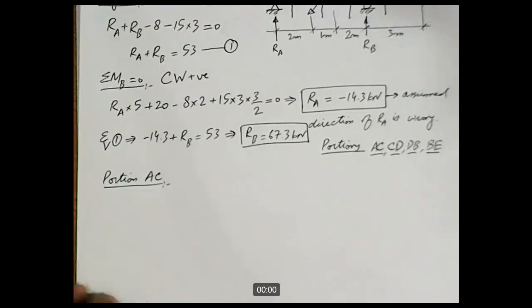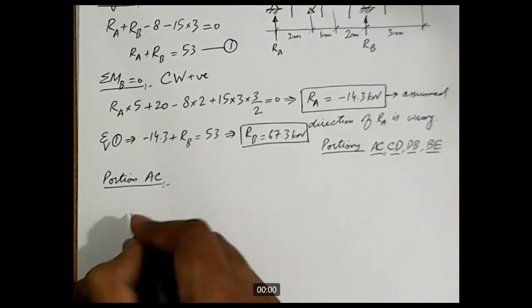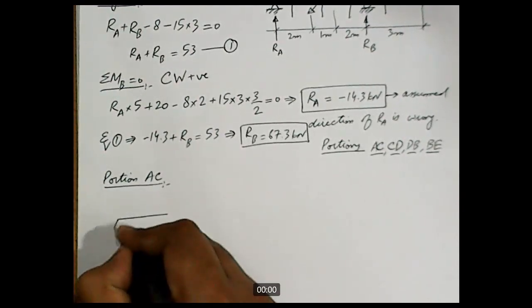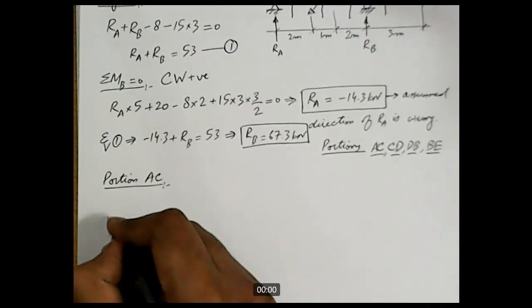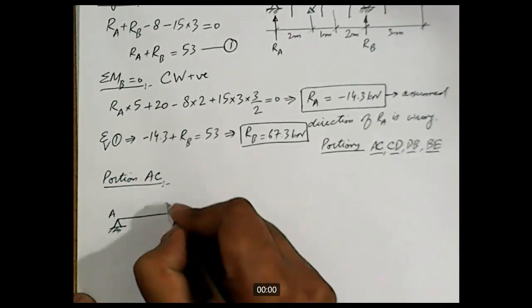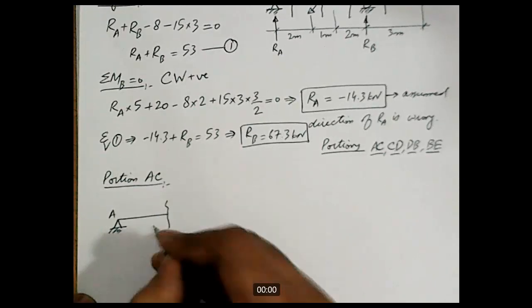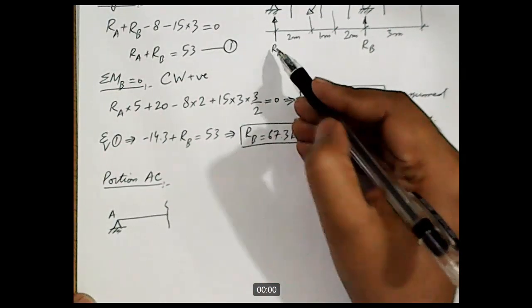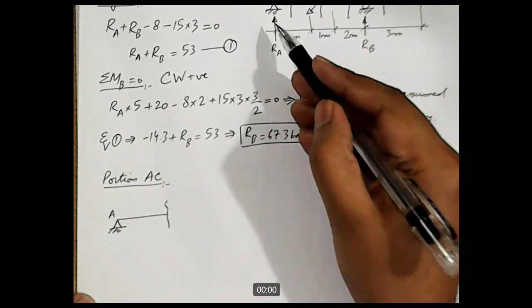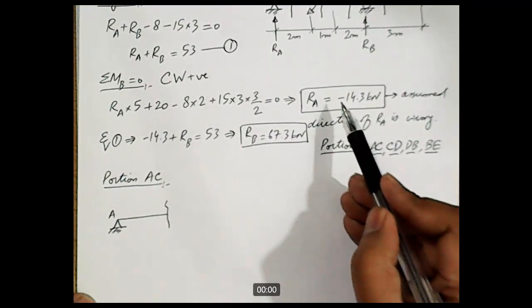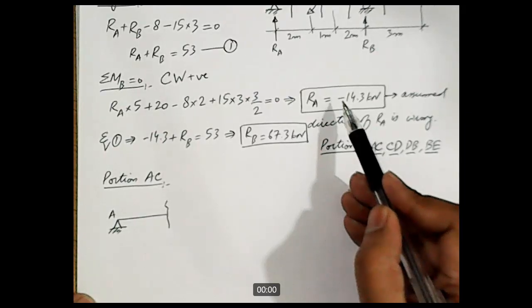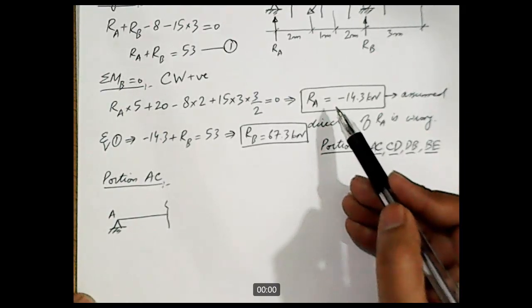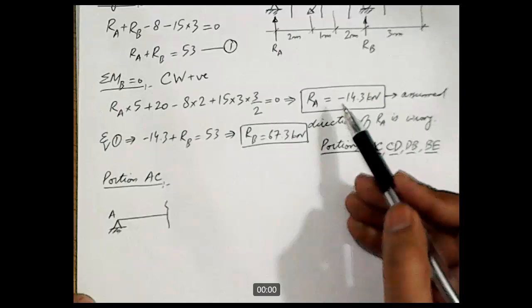Okay, so now let's come to portion AC. In this portion we have a hinge support at point A. Here is the section. As we have already seen, RA, which we initially assumed to be in the upward direction, came out to be negative. It means that assumption is incorrect. So for all our further calculations, we will consider RA in the downward direction.